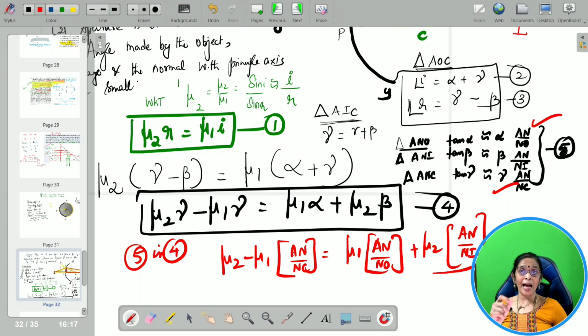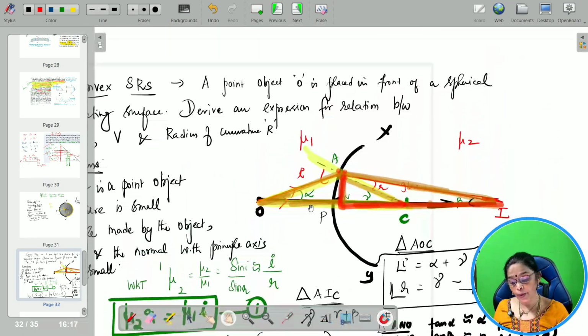If you keenly notice, children, I have already taken that the aperture is very small.